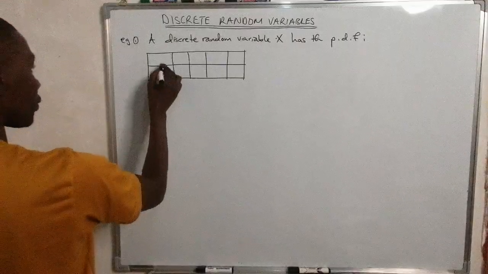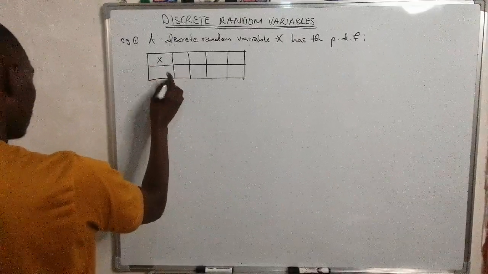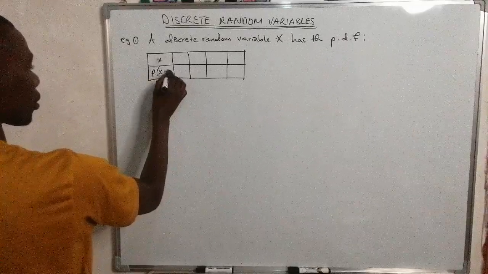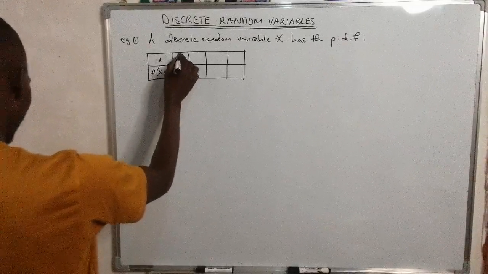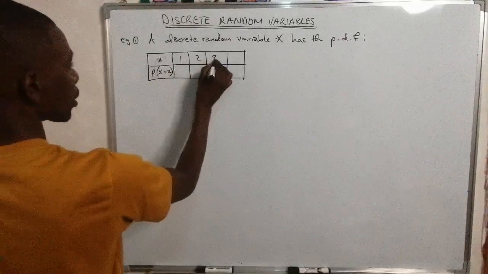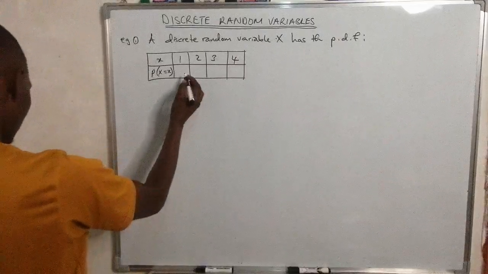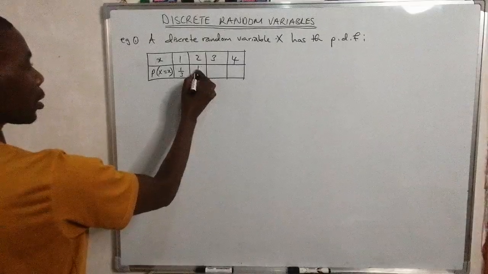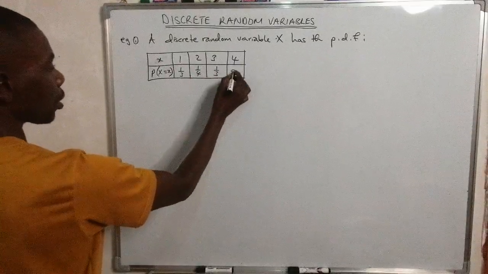Here we have x, then we have the probability of x equals to x. For x we have 1, 2, 3, 4, and the probabilities are 1 over 3, 1 over 4, 1 over 3, a.